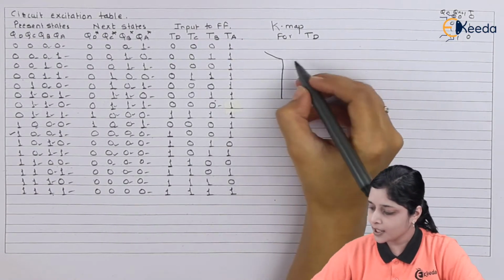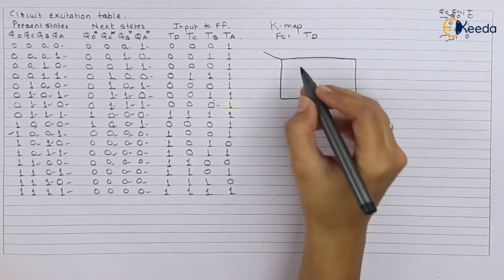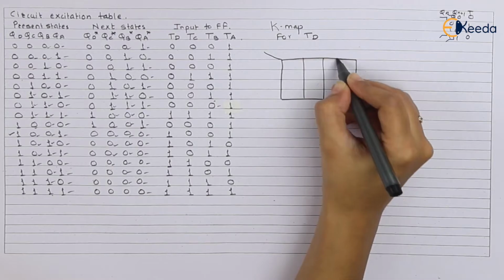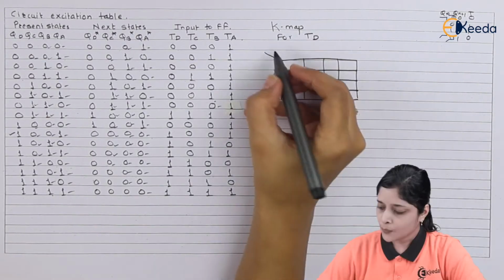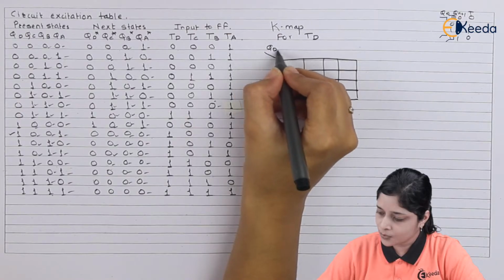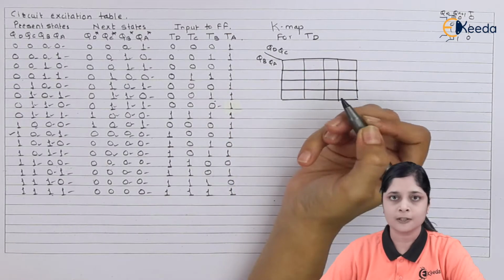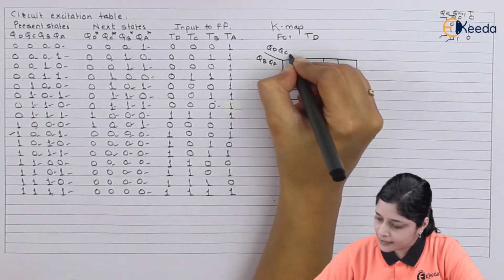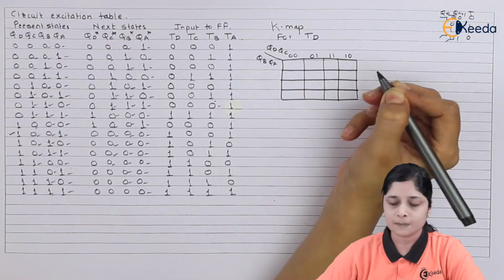We have to draw here a 4 variable K-map. We can write here QD, QC, QB and QA. You have to write here 0 0 0 1 1 1 1 0.